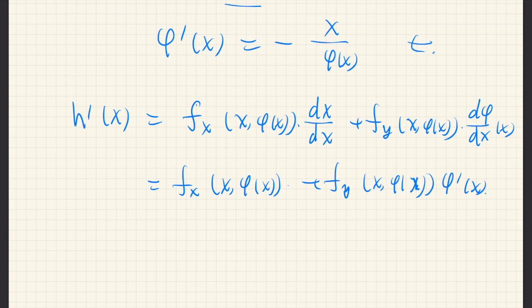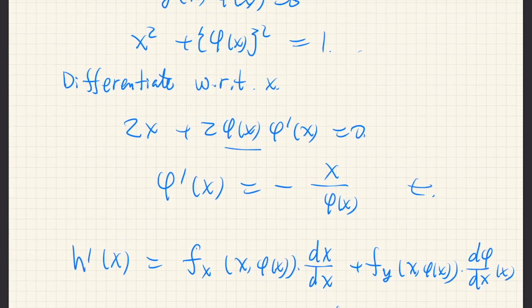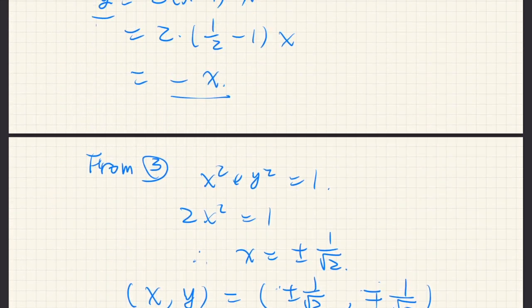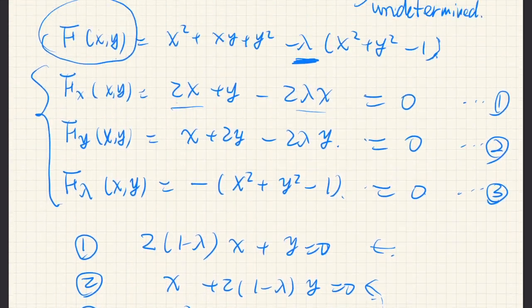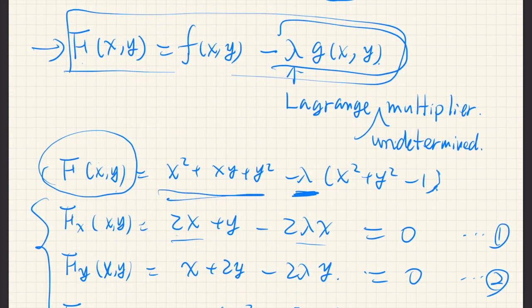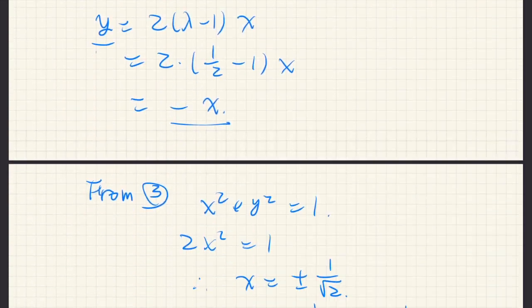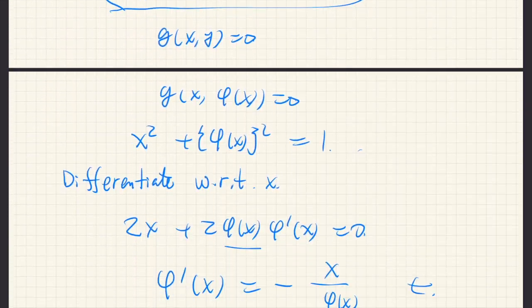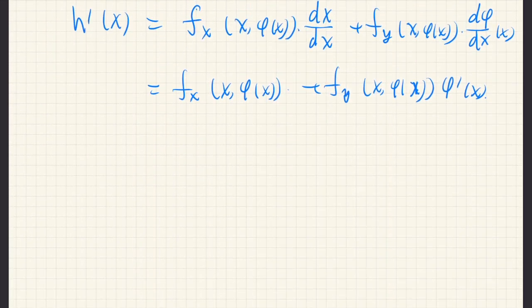Okay. And from the definition of f of xy, that is this one. If we differentiate with respect to x, we have 2x plus y. And if we differentiate this with respect to y, we have, what is it? x plus 2y.